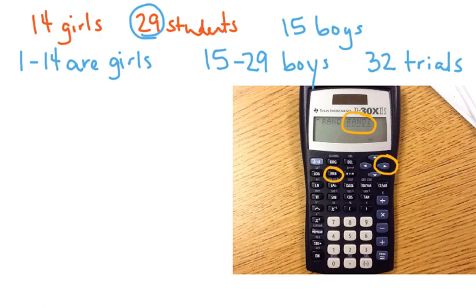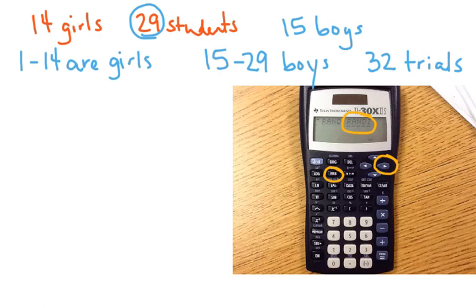That's random, and the I stands for integer. I don't want any decimals in my numbers, so random integer is what I'm choosing. Once you select that by hitting enter, you should see RANDI and then a parentheses. With those parentheses, you're going to put the numbers that are in your range from 1 to 29.